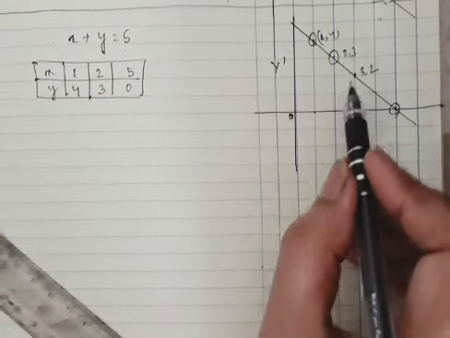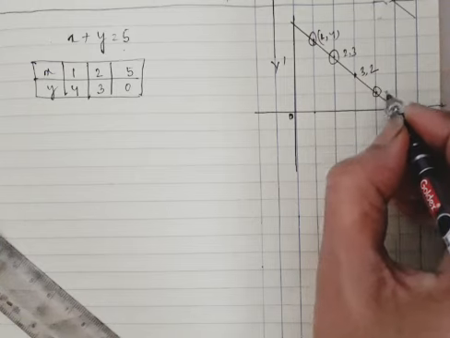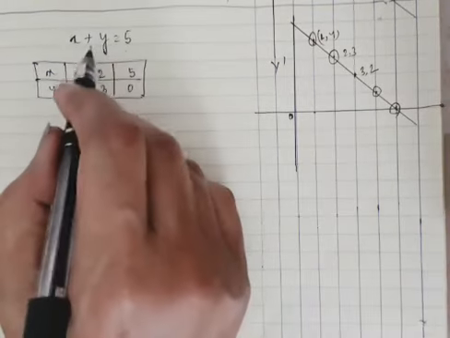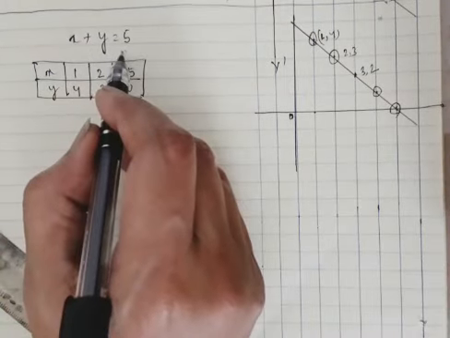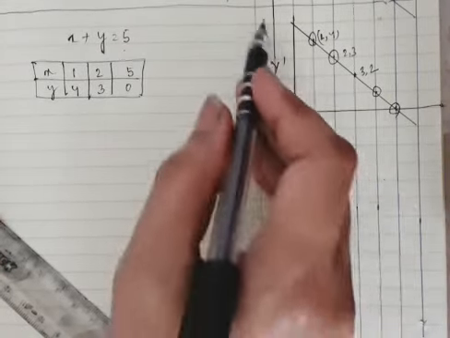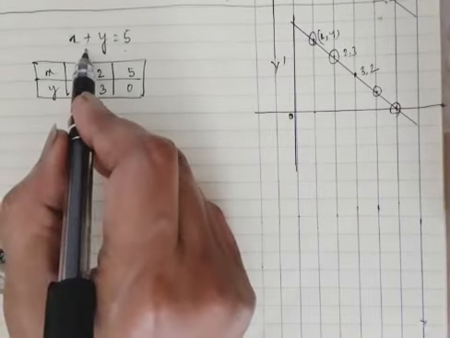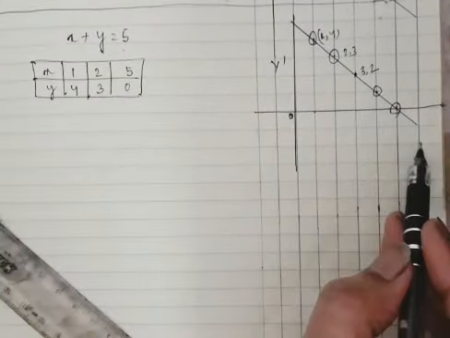It is so interesting that if you take any point on the line, its coordinate is a solution to the linear equation. This line consists of infinite number of points, or we can say this linear equation has infinite number of solutions.